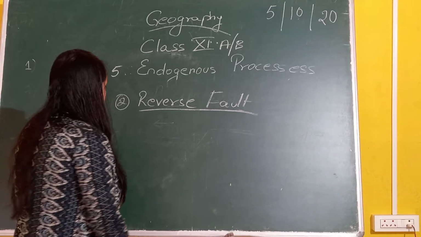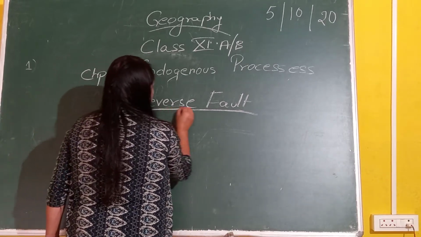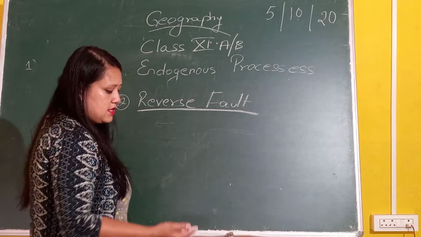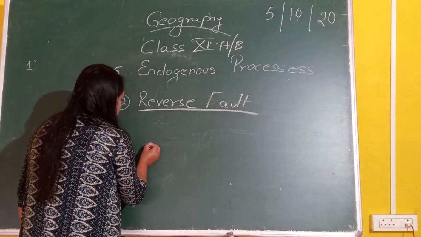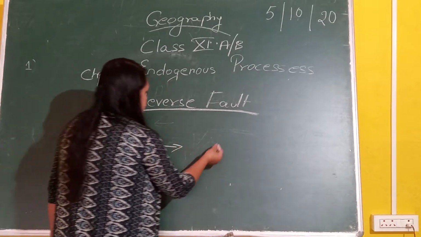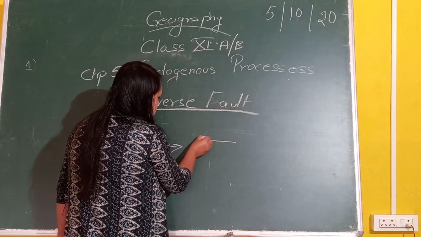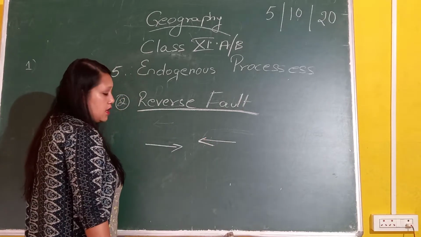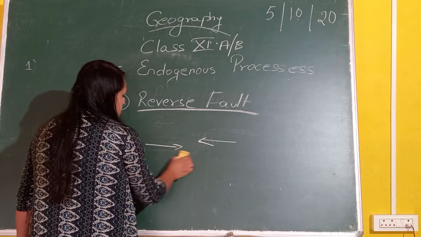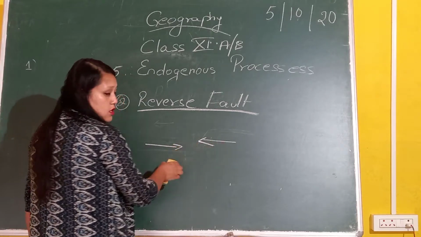Now in the reverse fault, it is the forces that are acting in opposite directions. One type of force is acting towards the right side, and the other is acting towards the left side.